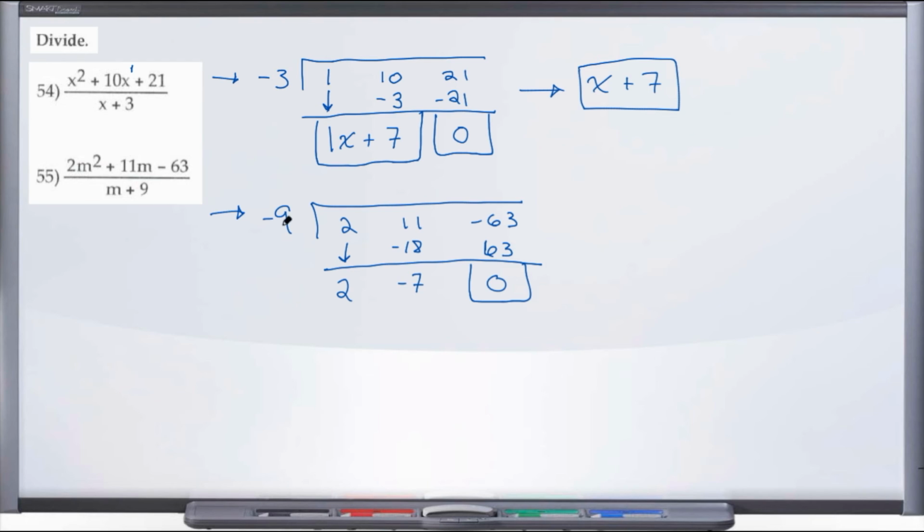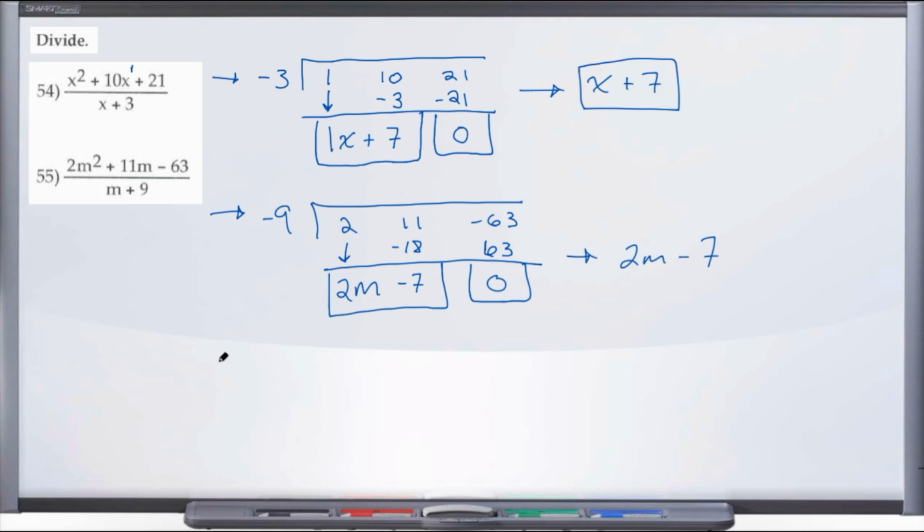So we go from 2 to 1, and then notice that after 1 we go to none. We have our constant. So this is 2m to the first minus 7, and 7 is going to be our constant. And so now we have our answer of 2m minus 7.